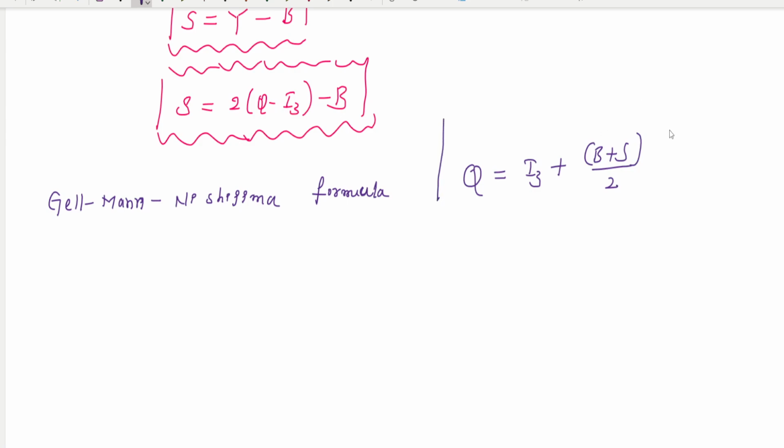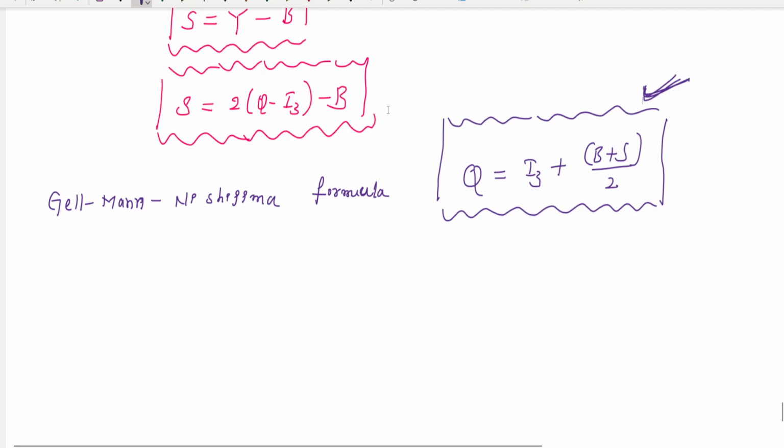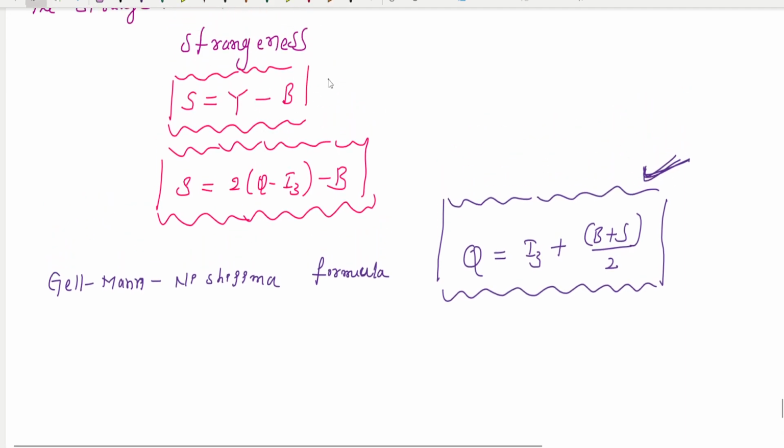So this is the famous formula. I'm going to use this formula frequently because it's the fundamental form, and whenever shortcuts are available, we can use those shortcuts.